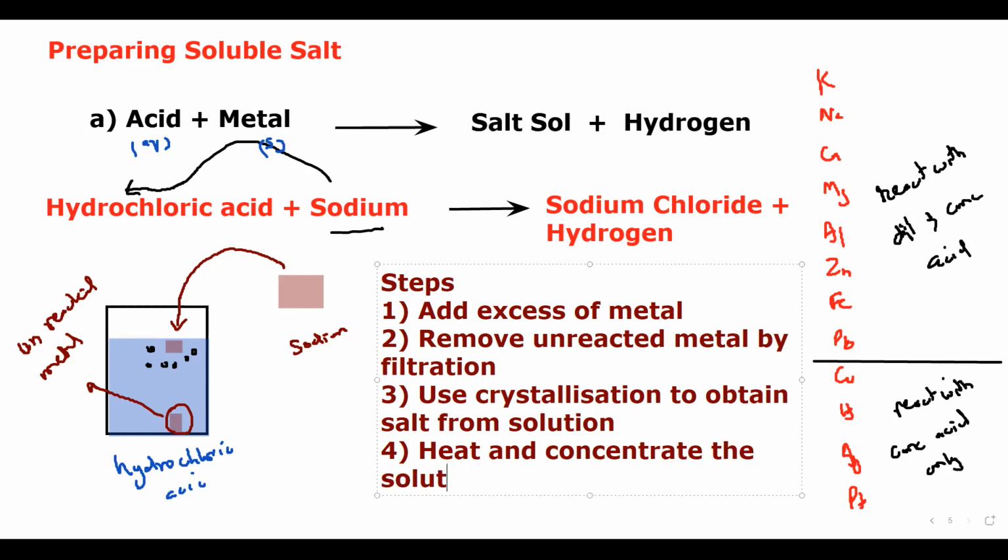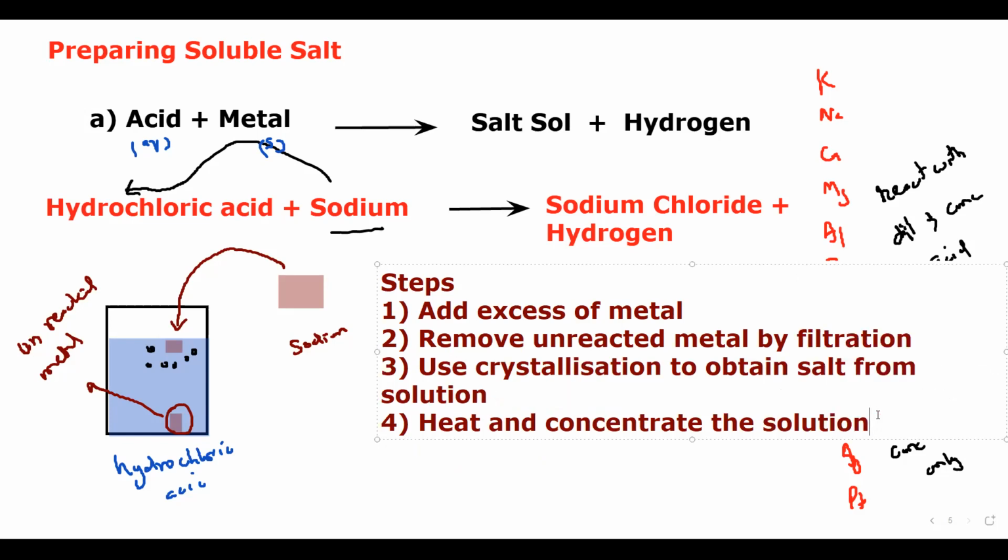Heat and concentrate the solution means we supply heat energy and remove the liquid, water, out, so that in a small quantity we have a greater amount of salt. So heat and concentrate the solution till the point of crystallization. It means until the crystals start to form.